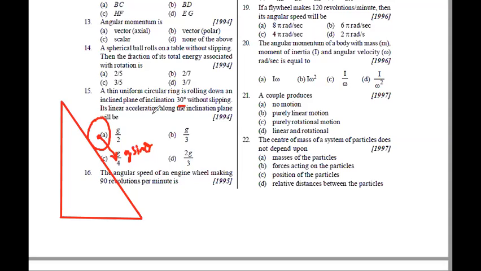So what is the acceleration of the center? If it is not slipping, the acceleration of center is equal to what? Yes, it is in science axis of rotation. Tell me.